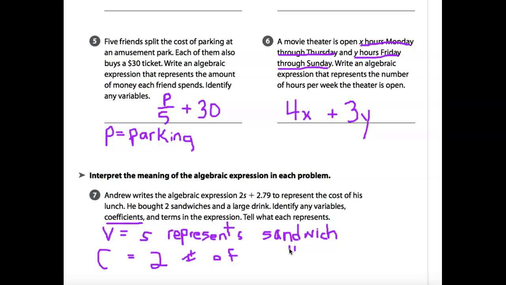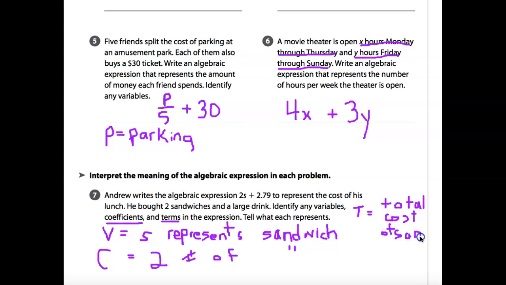Okay, and then the terms, 2S represents the total cost of the sandwiches. Terms, I'm shortening this a little bit. Terms, T, is the total cost of the sandwiches. I'm going to shorten sandwich to sand.